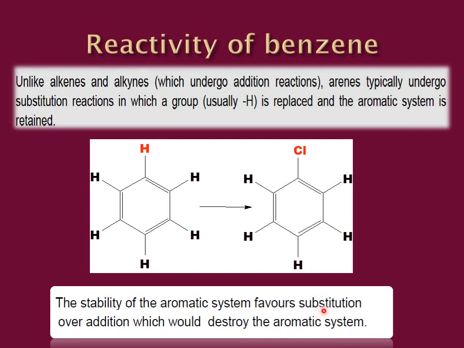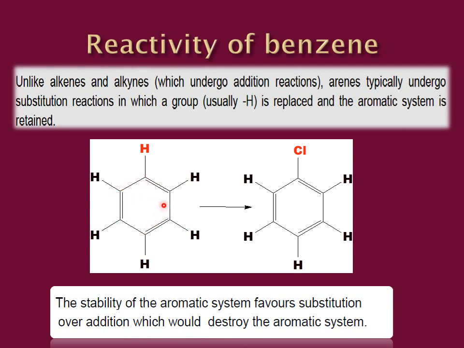Now if this Cl is added over here, this double bond is going to vanish and benzene's stability will be compromised. So instead of addition, benzene prefers substitution, which saves the aromaticity, or delocalization, or the conjugation of this benzene ring, which is responsible for the stability of benzene.